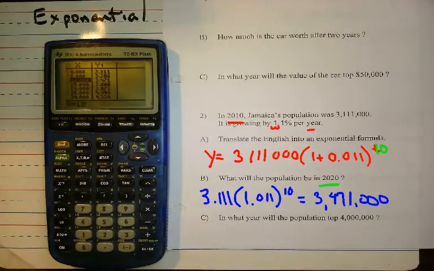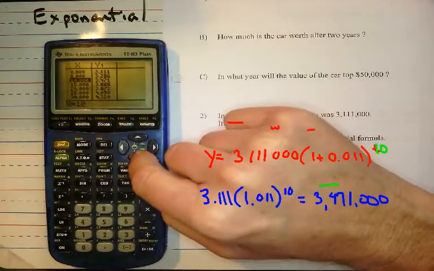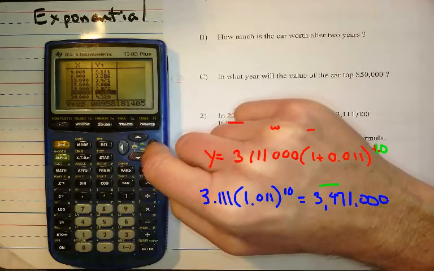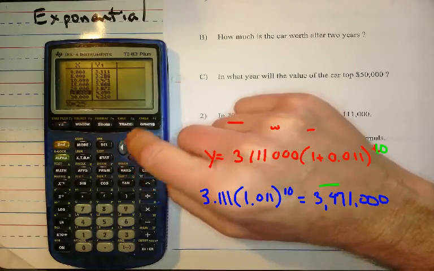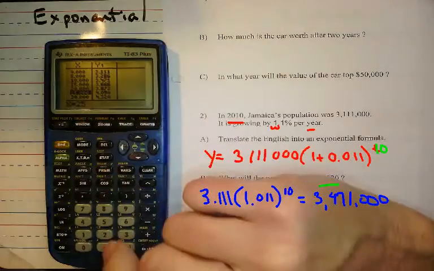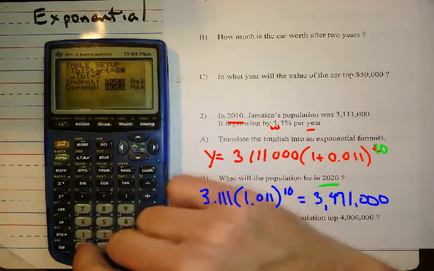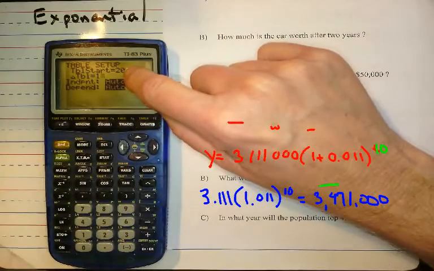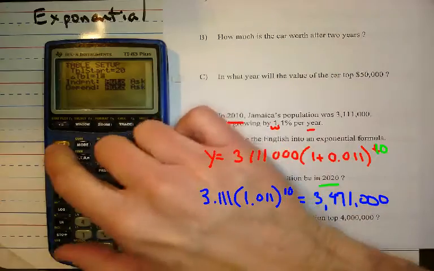4 million. Well, look right here. It looks like I've got 10, 15, 20, 25. Looks like it's 4 million right there, right? So it's between 20 and 25. So I need to come back up here to my window, type in 20, and now count by 1. So see, what I'm doing is I'm just changing this to start at 20, count by 1.